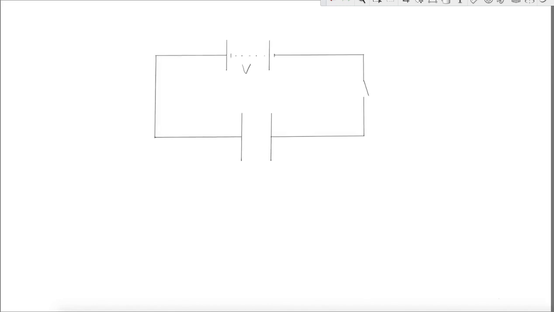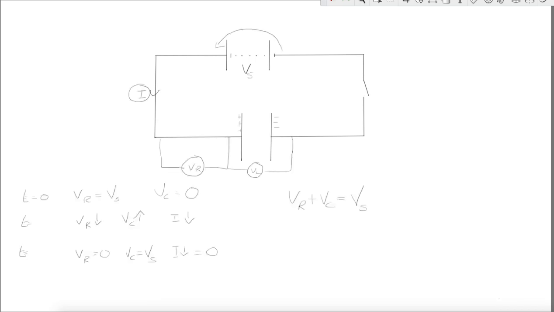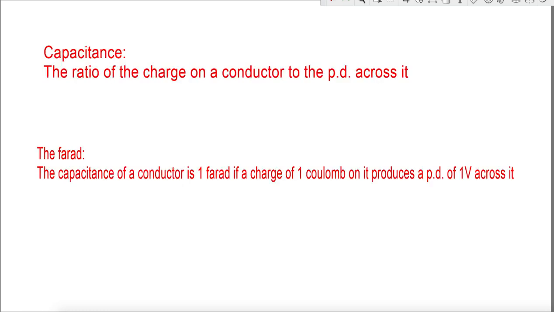We've looked at why they do what they do, this buildup of charge. We've looked at Q equals CV. We've looked at the definitions of capacitance and Farad based on Q equals CV.